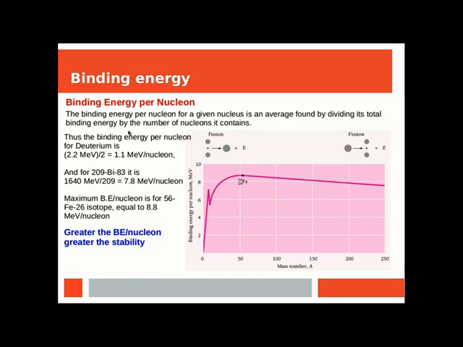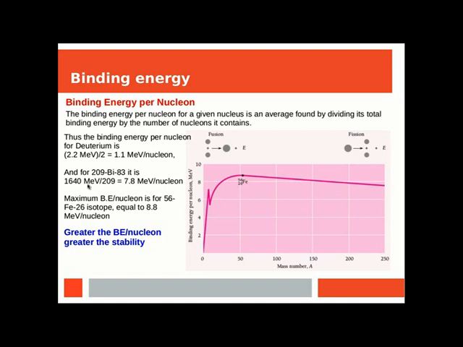So instead of binding energy, a more accurate measure of stability is binding energy per nucleon. This is why this term has been invented, because binding energy per nucleon gives you an accurate idea of how stable a particular nucleus is.